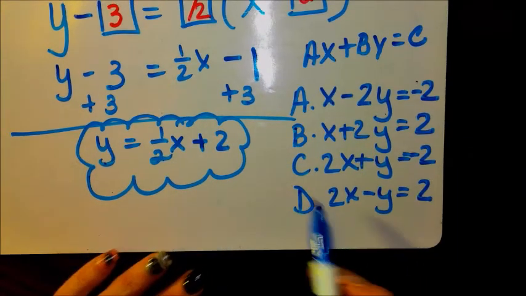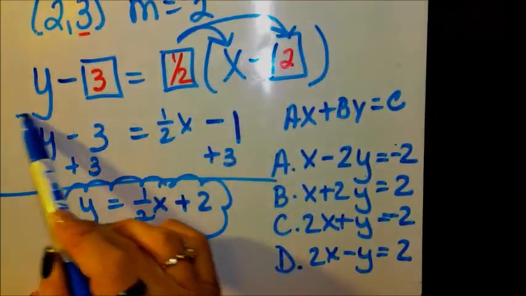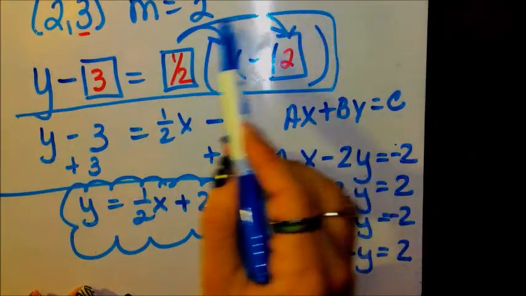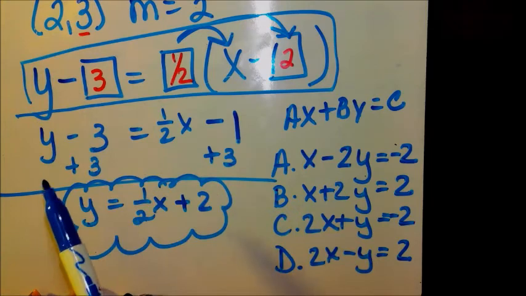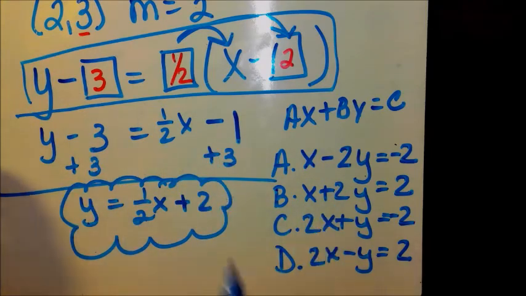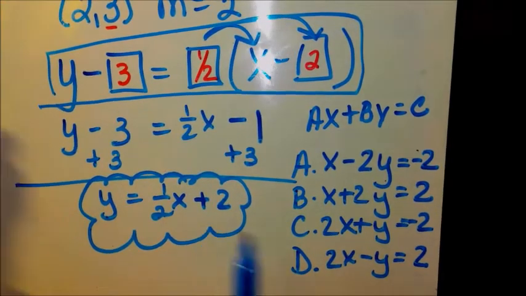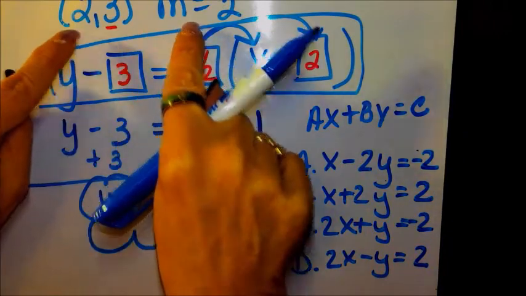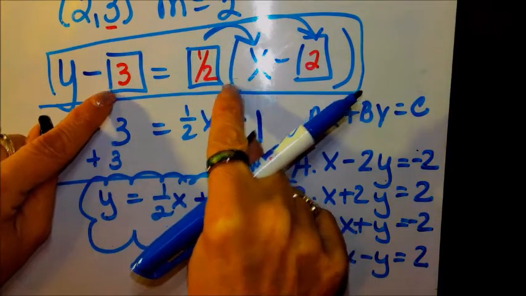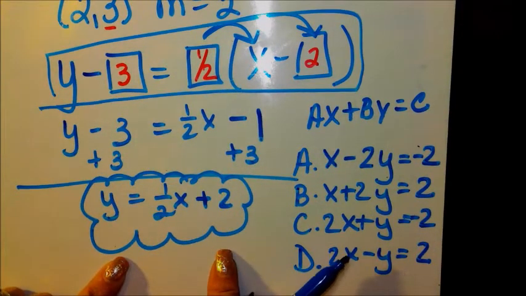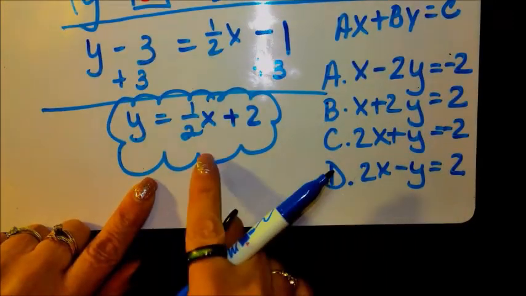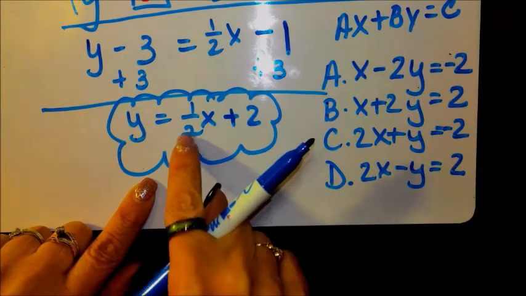And I'm going to say which one of those is the equation of this line. And you're like, what? Yeah, I know. It's going to be a little bit tedious. It's going to take some work, but it's very doable. You would take your point and slope, write it into this form, simplify it. You know how to do this. And you get here and you're like, which one of these matches this?